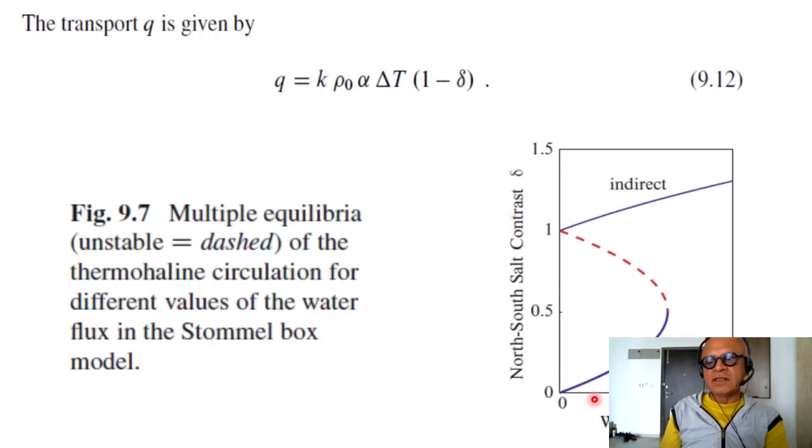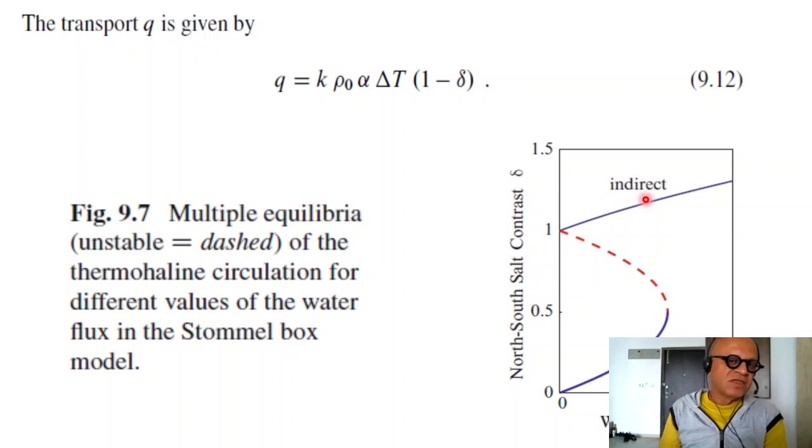Or you can also think of it this way, that for this value of flux, for example, you can have a stable solution here and a stable solution here, depending on the north-south salt contrast. Or for each salt contrast you need a certain flux to get a direct solution or an indirect circulation.